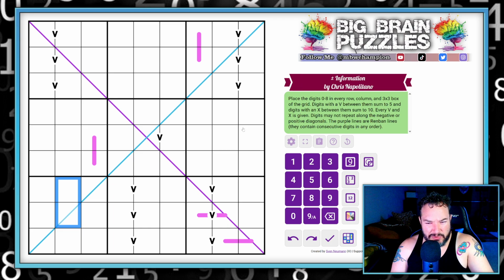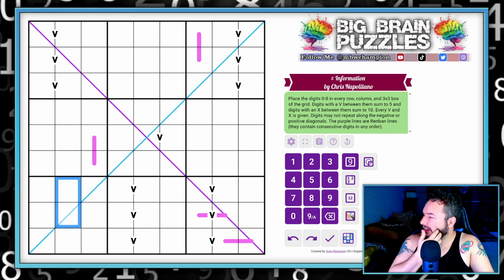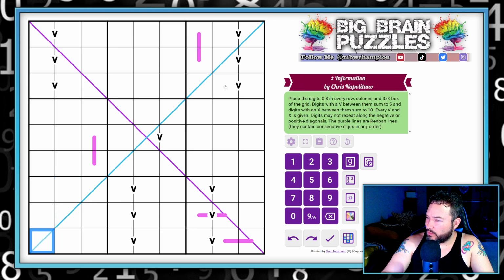I'm not sure why they call it something different. How do I know which is negative or positive? Is it because this one goes up and this one goes down? I have no idea.